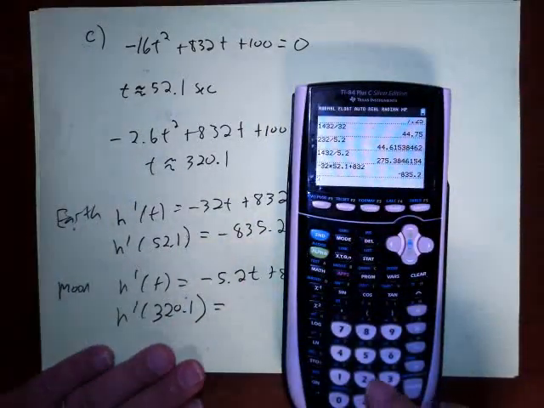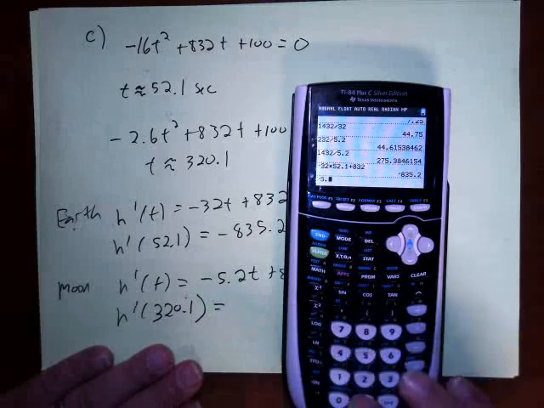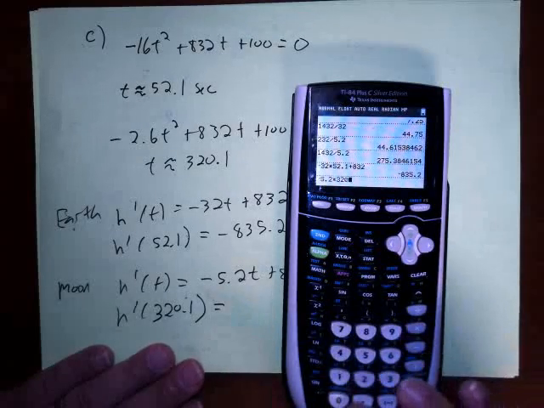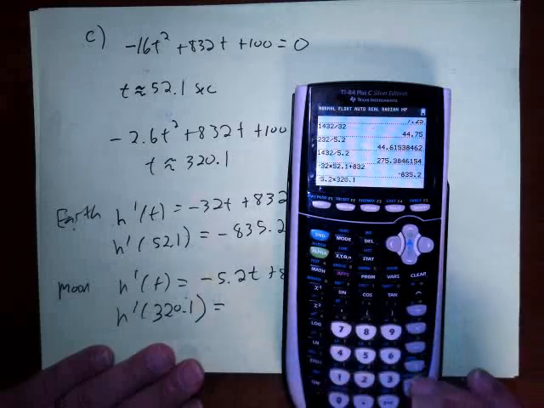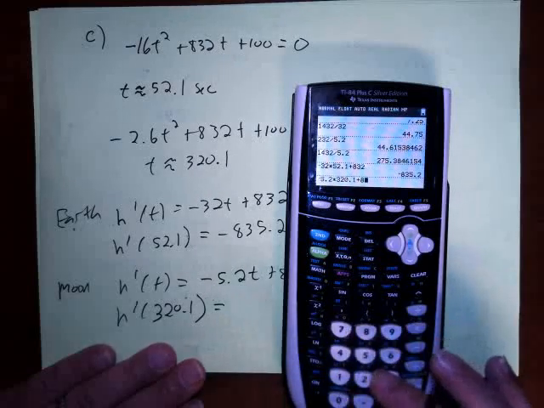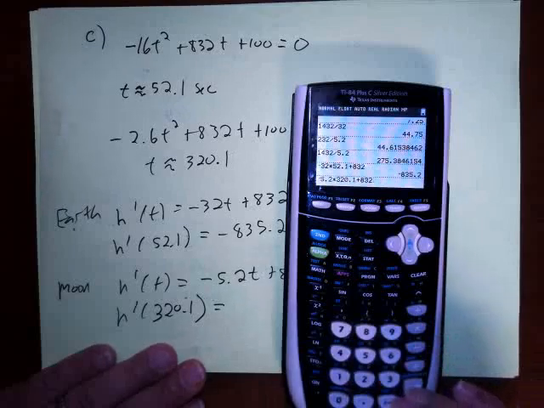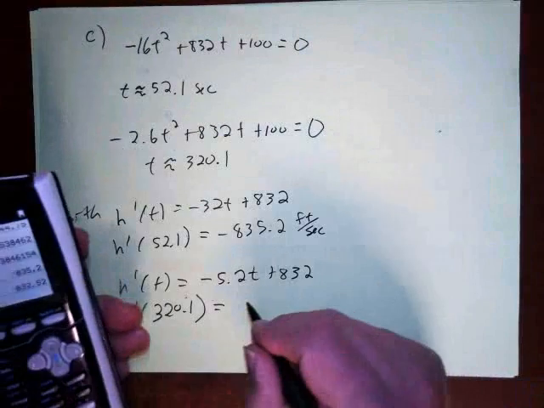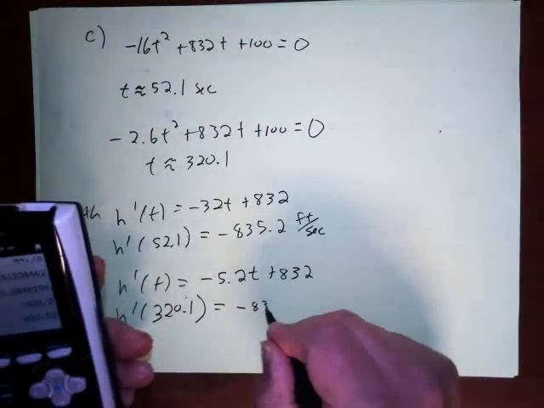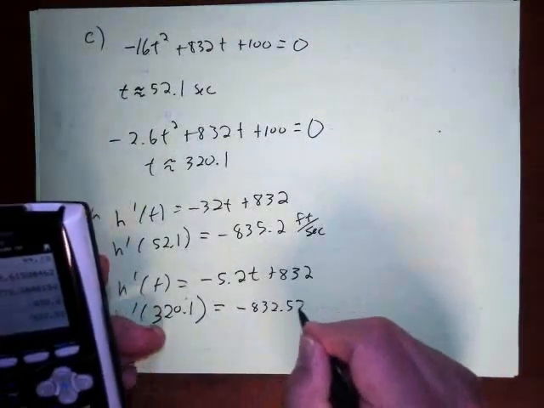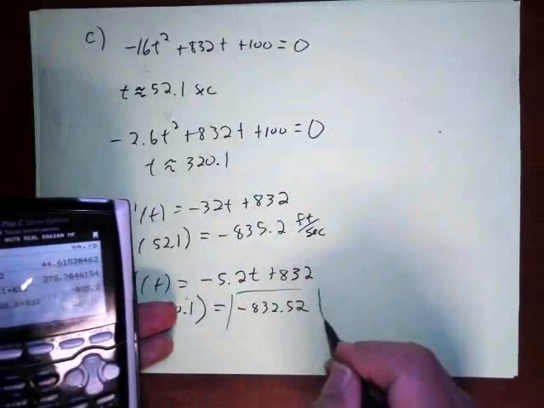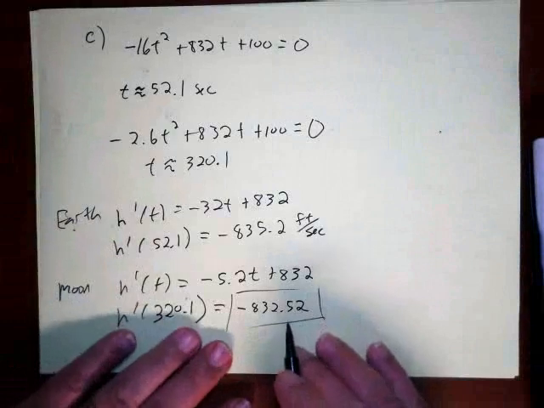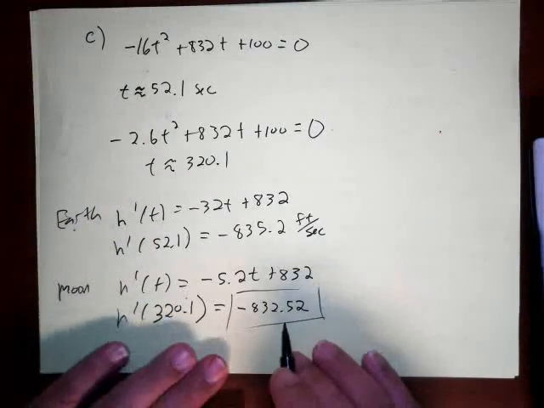So I'm going to have negative 5.2 times 320.1 plus 832. And I get negative 832.52. Okay. And so it's going not quite as fast on the moon when it hits the ground.